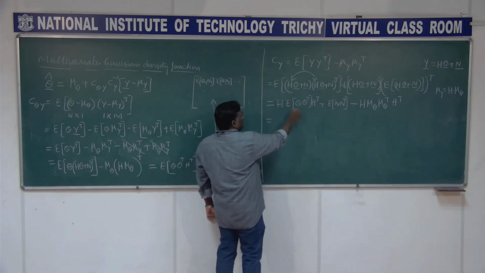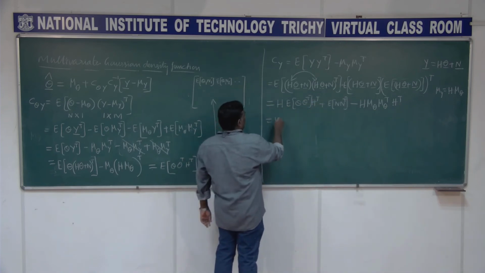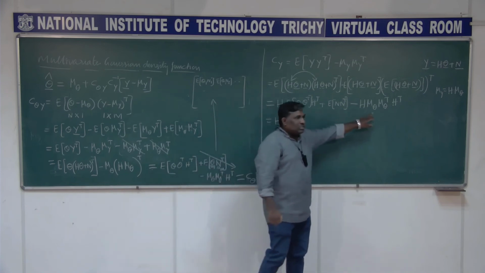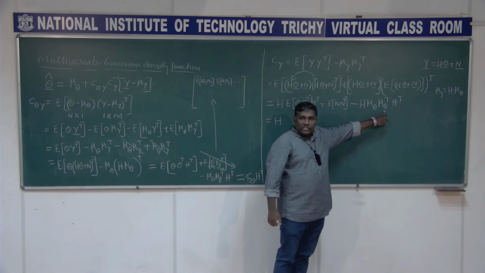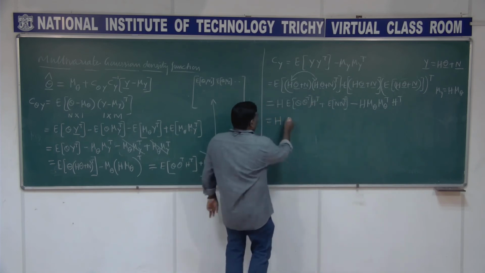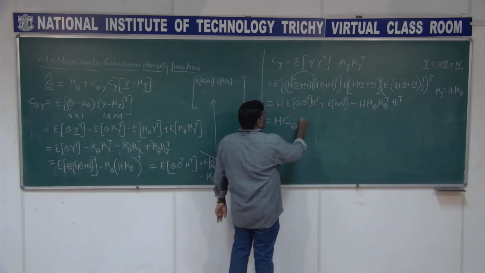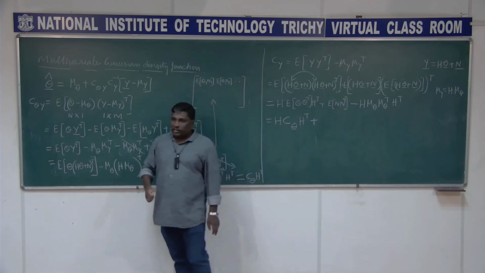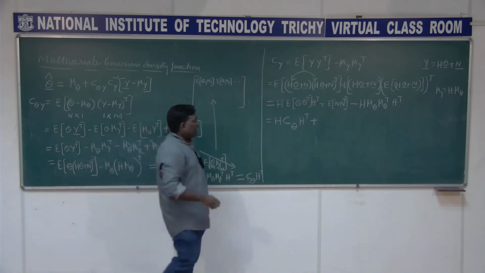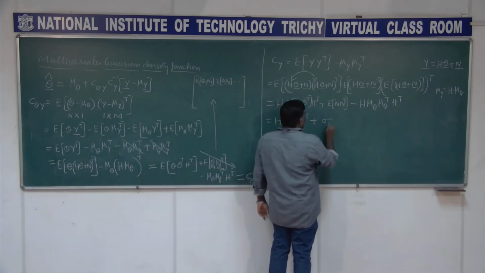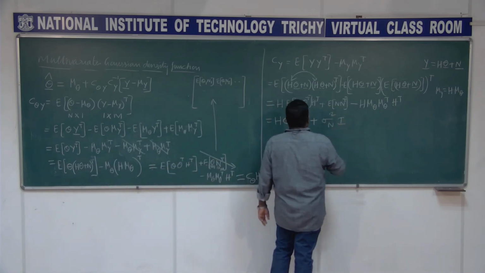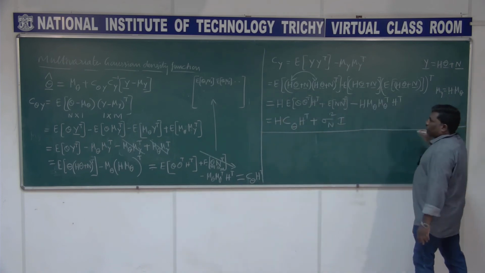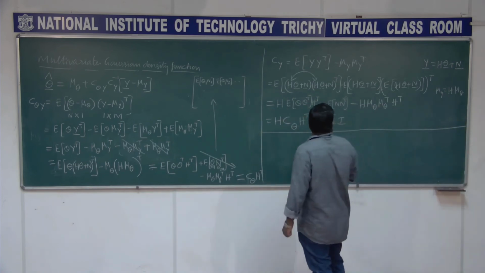So I want to combine this with the last one, so you get H expectation of theta theta transpose minus mu theta mu theta transpose. It is nothing but C theta, right? This is C theta here, H transpose, and we know that expectation of n n transpose is sigma n squared I, right? So we also got this result, and we can finally write the result there.